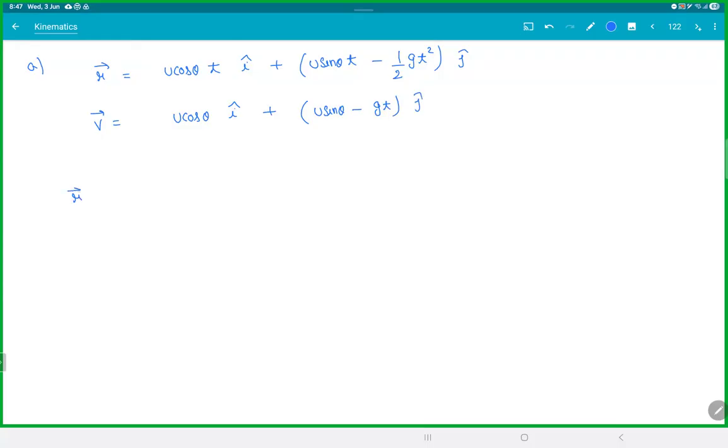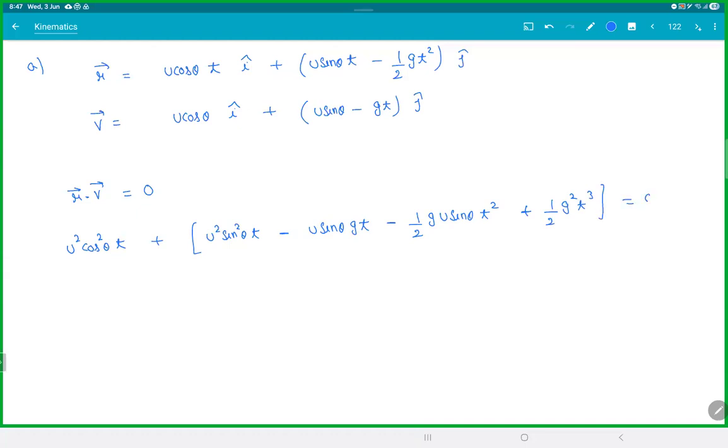So since r bar is perpendicular to v bar, r bar dot v bar must be 0. So get the dot product. u square cos square theta t plus u square sin square theta t, minus u sin theta g t square... plus half g square t cube is equal to 0. u square cos square theta plus u square sin square theta becomes u square.